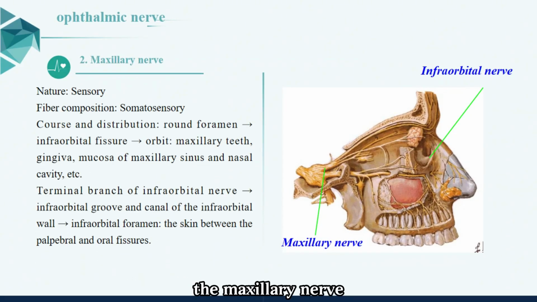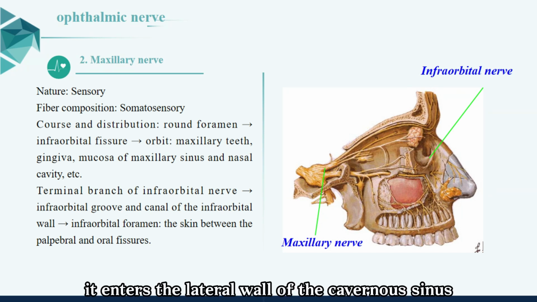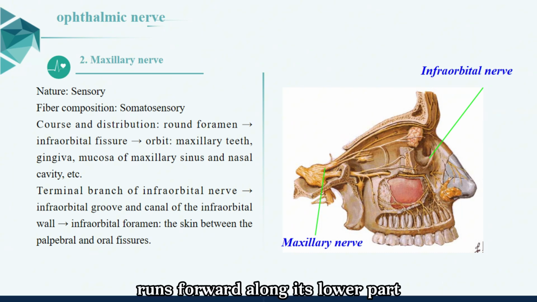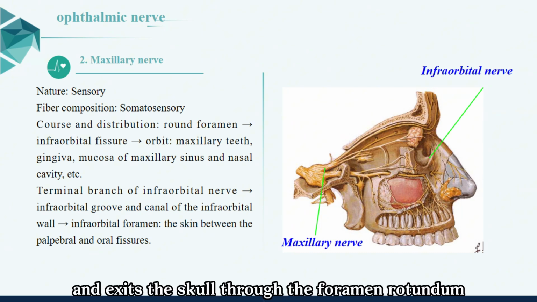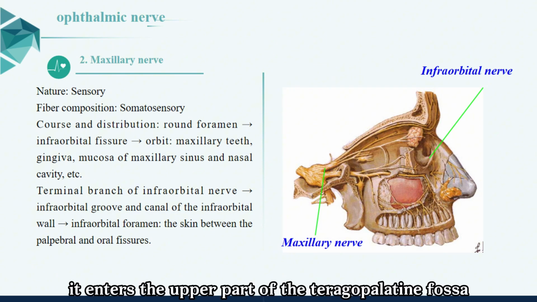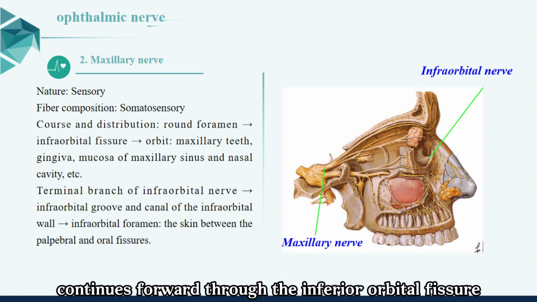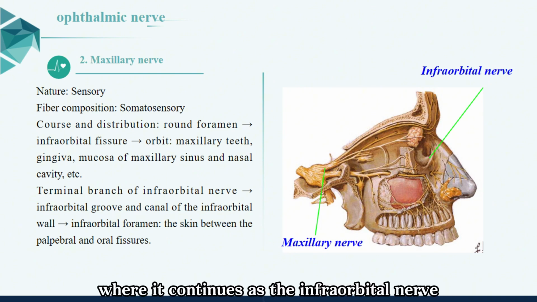The maxillary nerve contains only somatic sensory fibers. After arising from the trigeminal ganglion, it enters the lateral wall of the cavernous sinus, runs forward along its lower part, and exits the skull through the foramen rotundum. It enters the upper part of the pterygopalatine fossa, continues forward through the inferior orbital fissure into the orbit, where it continues as the infraorbital nerve.